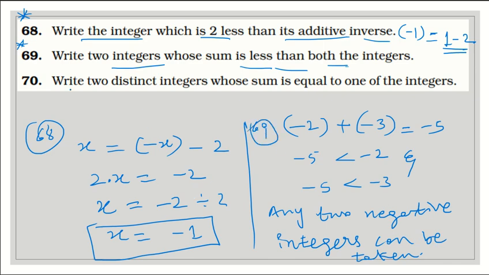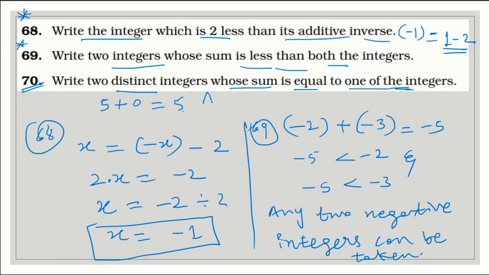Then coming to question number 70, write two distinct integers whose sum is equal to one of the integers. See, this is also very simple. If you take any two integers, but compulsorily one of them must be 0. For example, if I take 5, 5 plus 0 gives 5, where 5 is equal to one of the integers.